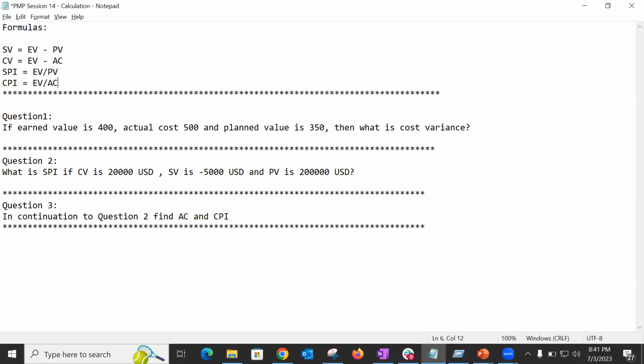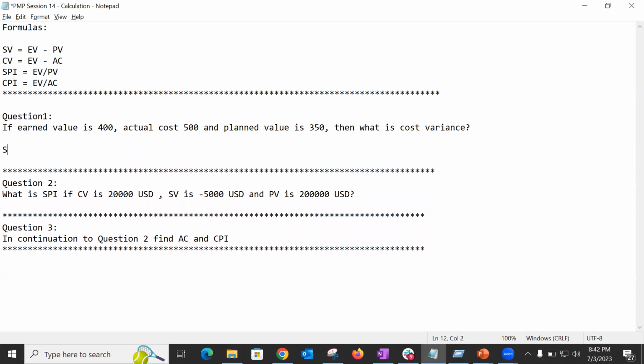So one is subtraction and one is division. Very simple: just remember EV always comes at the beginning, and in one you subtract the planned value, and in the other you subtract the actual cost. Again, SPI is EV by PV, and CPI is EV by AC. Now with these four in the back of the mind, let's try to solve this question.